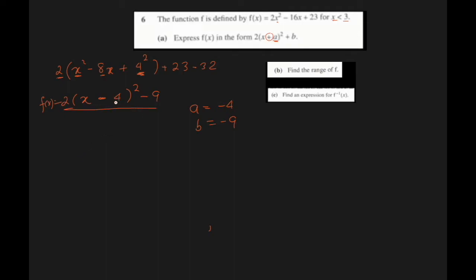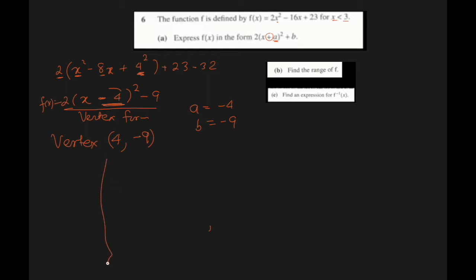So whenever we look at the graph, we look at the vertex form, because this is also called vertex form. Completing this square format is also called vertex form because it gives you vertex straight away. So vertex in this case will be the negative of this, which is positive 4. That is the x-coordinate of the vertex. But there is no change in negative 9. This is where your vertex will be.